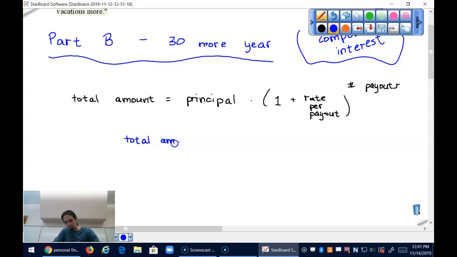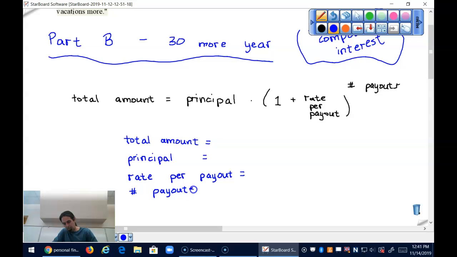Not sure why I'm writing my T's differently. This I'm going to need again, so I'm going to copy it.